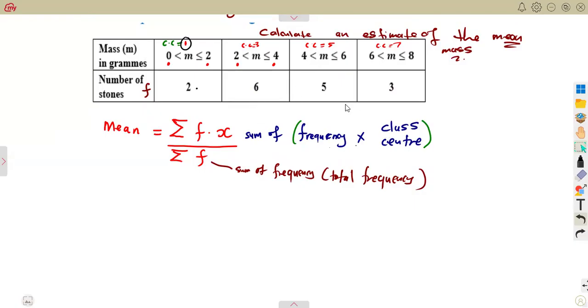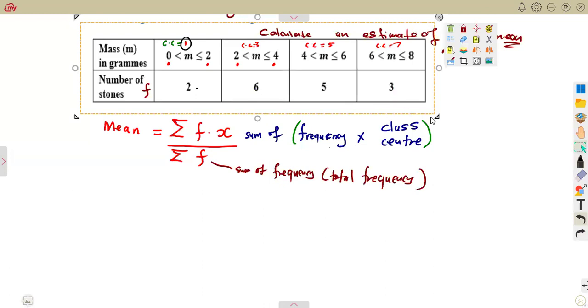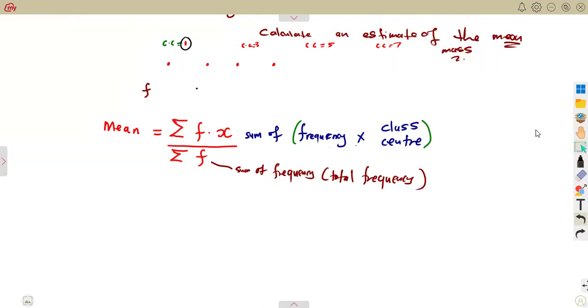So even if you are given the presentation like it's written 0 to 2, 2 to 3, that part is not going to affect us. Okay. I want us to see something here. We still want to calculate an estimate of the mean mark. Let's say we are given a table like this, given the class, and this is our frequency.